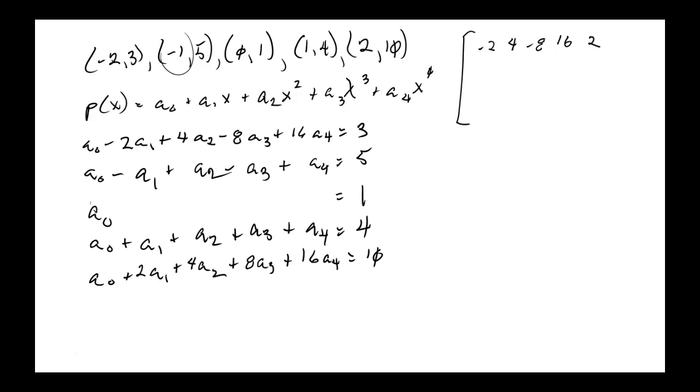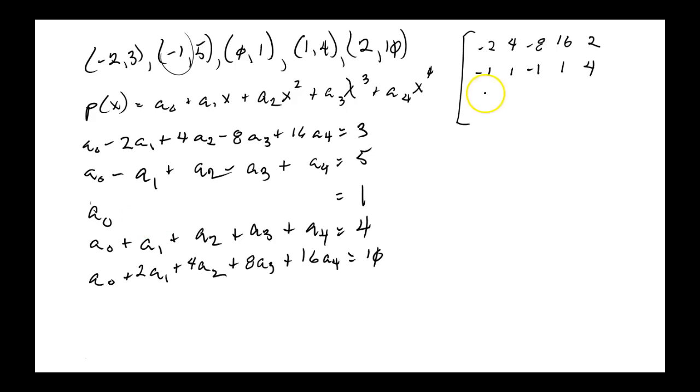Okay? So, the next one would be minus 1, 1, minus 1, 1, 4. Subtracting that from there, right? I'm not going to even write the next one then. I'm using that one.